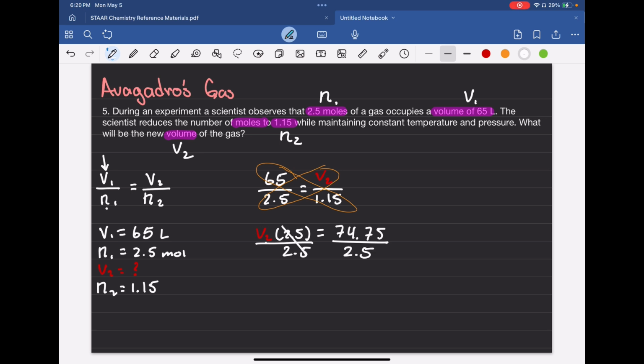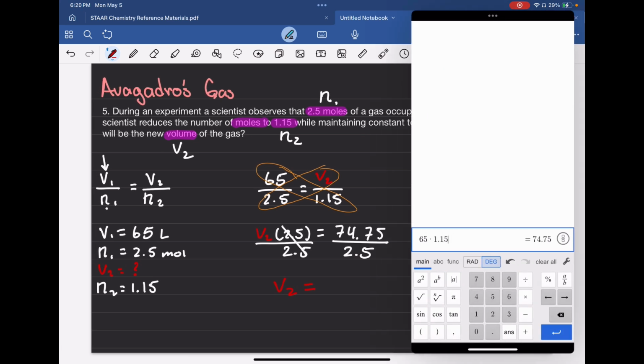Okay, to solve for volume 2, we are going to divide out 2.5 from both sides. So we are left alone with volume 2. So volume 2 is going to equal 74.75 divided by 2.5. And that gives us 29.9.